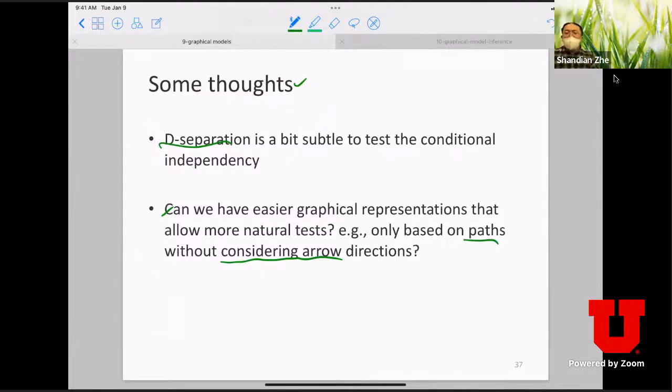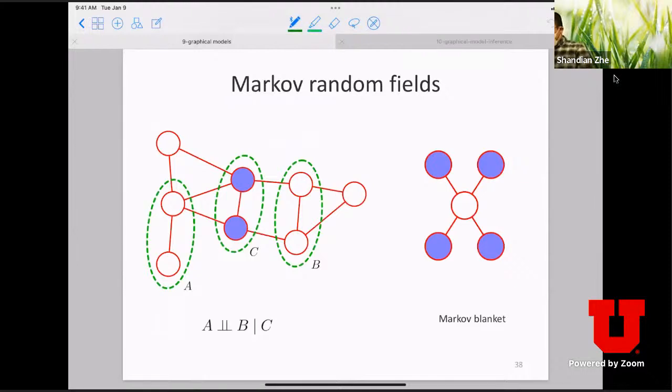This leads to another type of graphical model, undirected graphical models. Imagine you're going to define your joint probability over undirected graphical models. There are no directed edges. All the edges are undirected. You don't have arrows here. So naturally, if we want to test whether A and B are conditionally independent given C, we just look at whether all the paths from A to B are blocked by C. That's it.